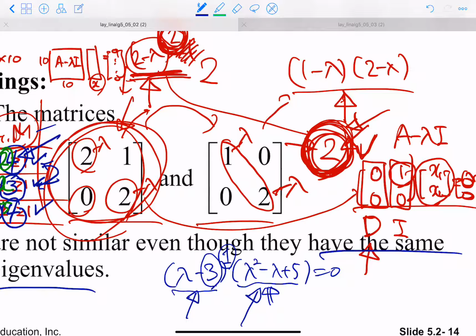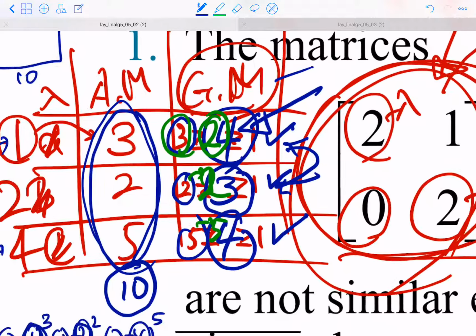So we only consider the real values. So in this case, there is no way to achieve three linearly independent eigenvectors, right?